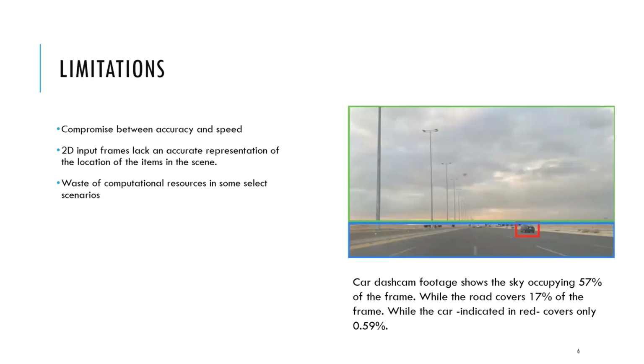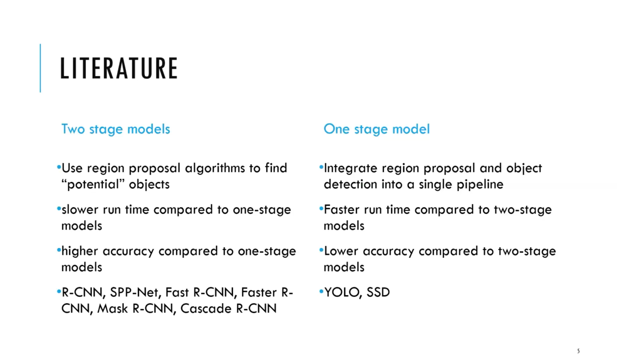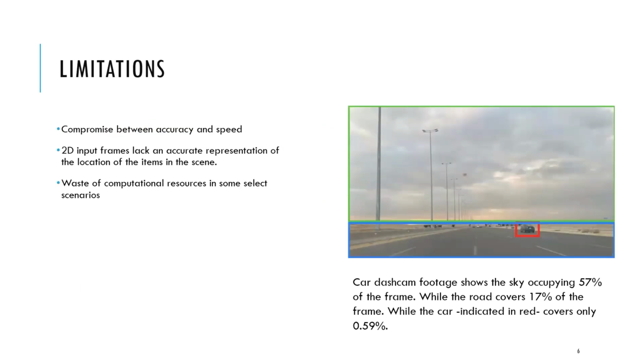So looking at the literature, and keep in mind we're aiming for real-time object detection, the obvious limitations are the constant compromise between accuracy and speed, and that 2D input frames, regular RGB frames or even grayscale frames, lack an accurate representation of the locations of objects in the scene.